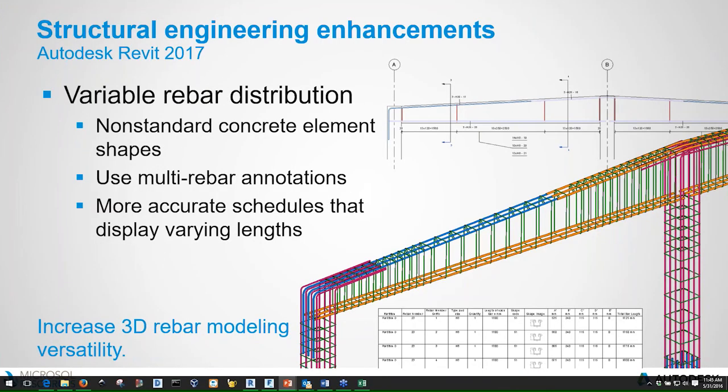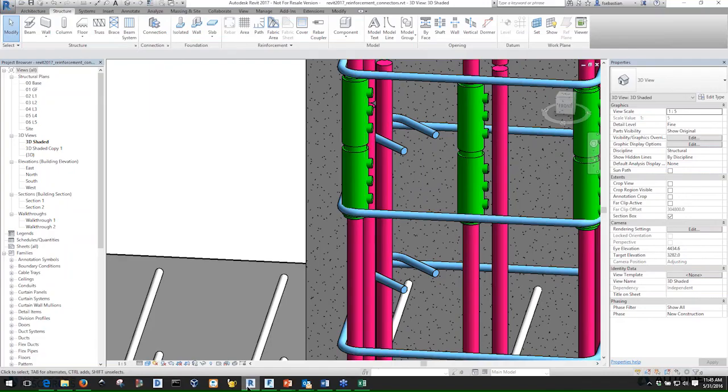Next, we have the ability to show rebar distribution across a variable section. Okay, so so far, if you had reinforcement, you could only work with a rectangular section or a fixed cross section. Now it's possible to work with a variable cross section.